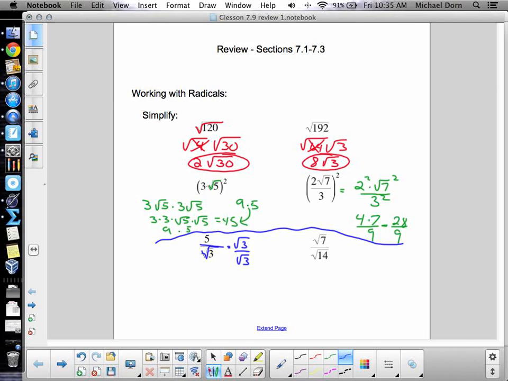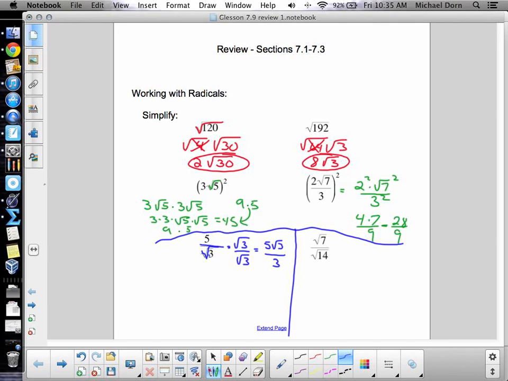The other thing people are having a tendency to do, especially those who are struggling with radical simplification, is they mean root 3 over root 3, but they just are being too lazy to write the symbol. Write the symbol. I mean, seriously. And 5 times root 3 does not combine. Root 3 times root 3 is root 9, which is 3.